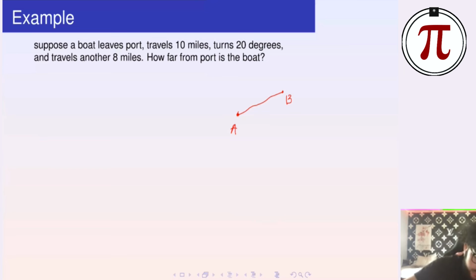Counterclockwise is a positive degree. So it is something like this. Then it travels 8 miles. 20 degrees is smaller, something like this. Then it gets to point C.